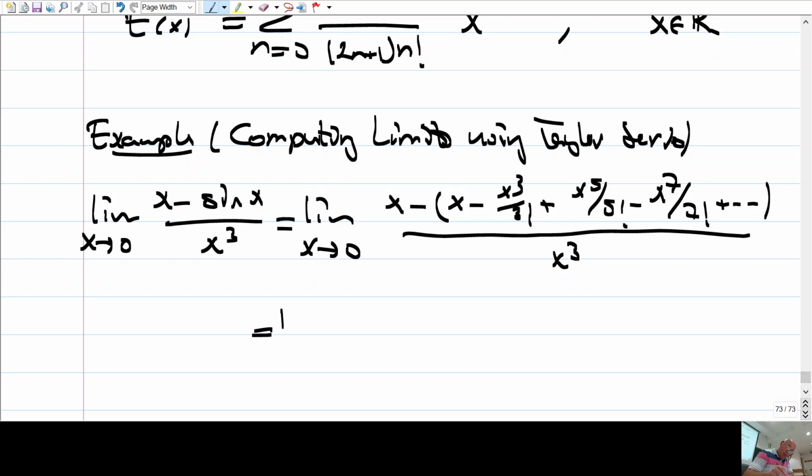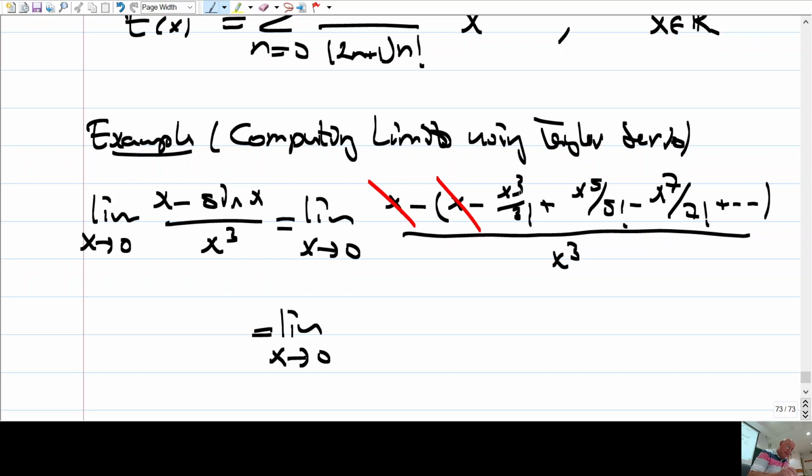So this is equal to what? Limit as x goes to 0. When you subtract this, x terms will disappear. So this is cancelled with this one. And then you see the first term starts with x cubed and you divide by x cubed, so you make the cancellation over there also. Minus minus becomes plus.